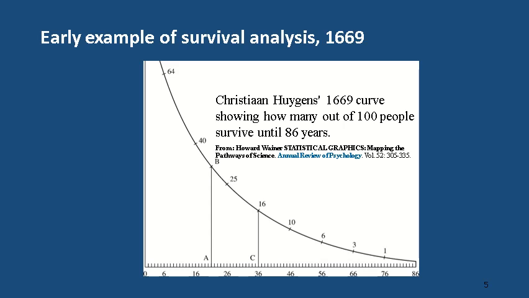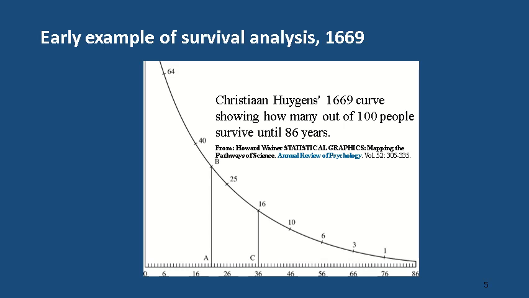After 6 years, 64 were alive. After 16 years, 40 were alive. After 26 years, 25 were alive. After 36 years of birth, 16 were alive. And after 76 years of birth, only one was alive.